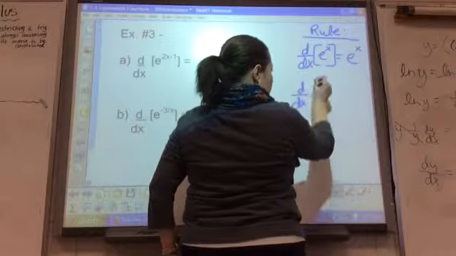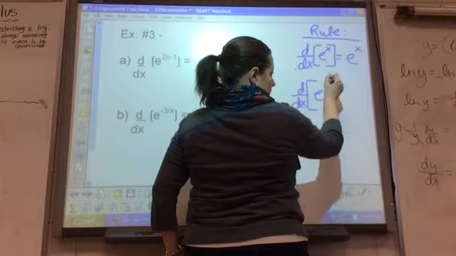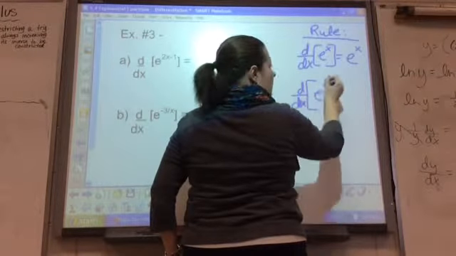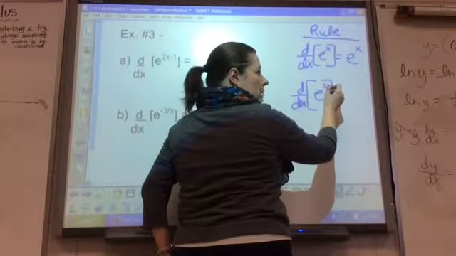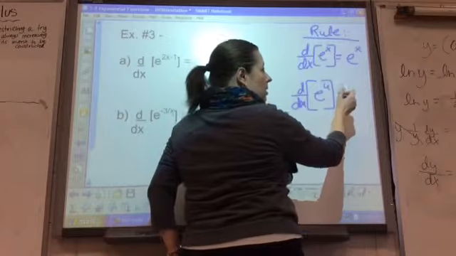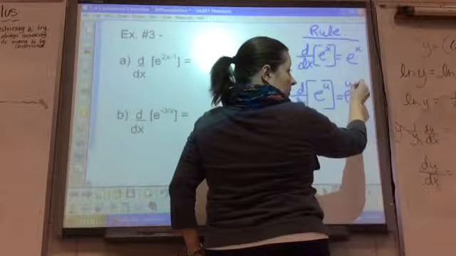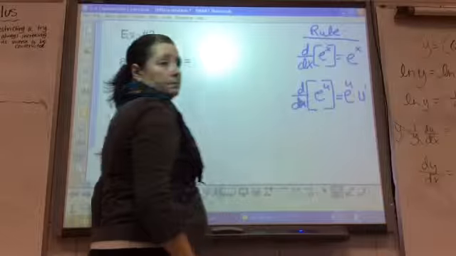So derivative of e to the u, U being any exponent, could be 4x, could be x squared plus 1, whatever. It's itself times derivative of the exponent.